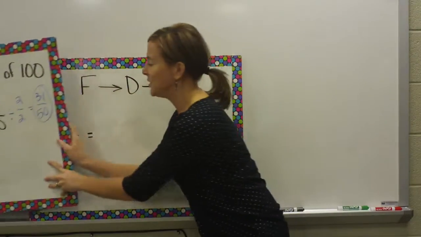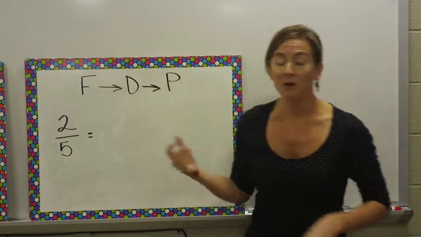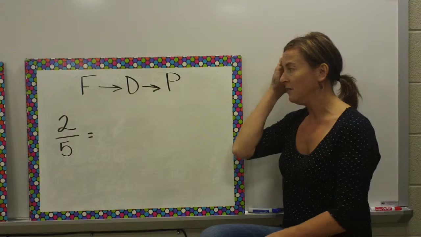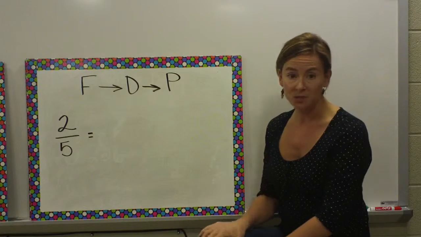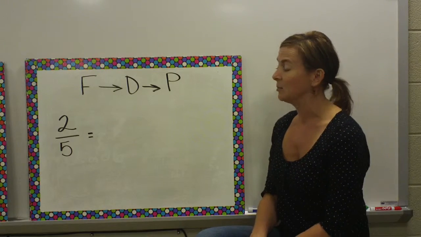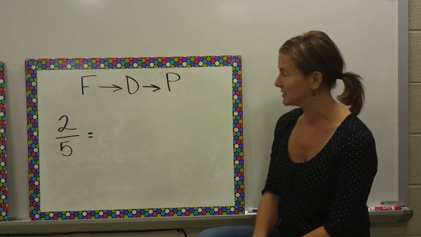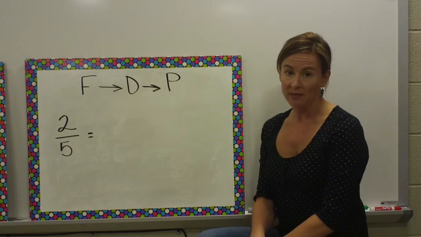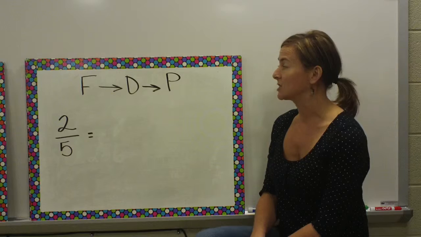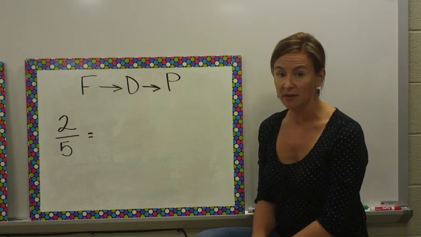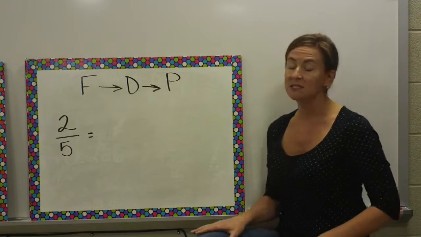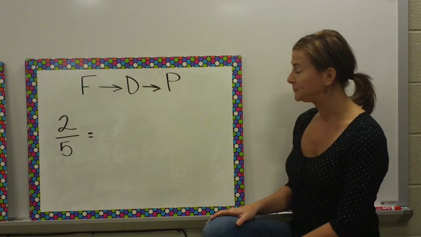All right, so your job will be that if you get a fraction, you'll need to be able to demonstrate that you are able to represent that number as a decimal and as a percent. One method that I'm going to show you is the fraction to decimal to percent method. There are other methods, but this is the one we're going to focus on in this video.